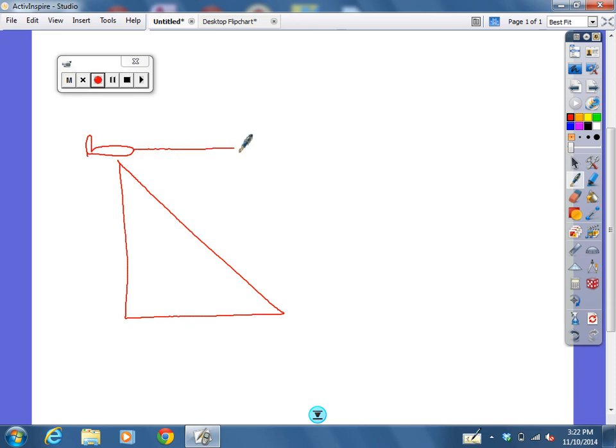It has a horizontal line, and it is 3,000 feet above the earth. It's flying around, and this is the airport. And the pilot wants to know the distance from where it's at to the airport. So it wants to know this distance right here.